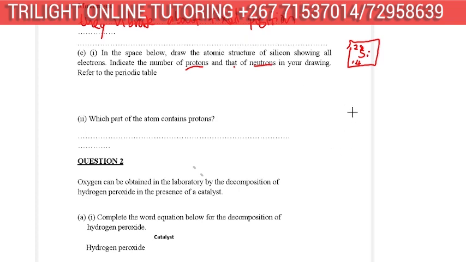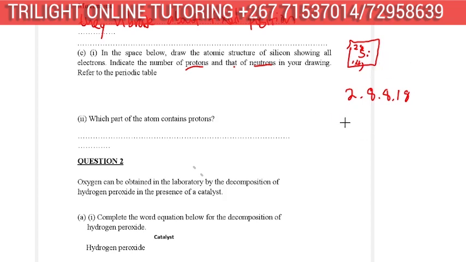So remember the electronic configuration. Remember the first shell can take 2, second 8, third 8, and then 18. We are going to take this 14. Remember the proton number equals the electron number.